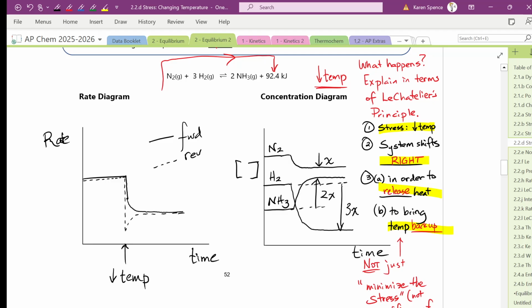Let me know later. Endo is affected more. So we would have our forward and our reverse. This is endo, the reverse. So it should decrease more than the forward. Yeah? Endo is affected more.